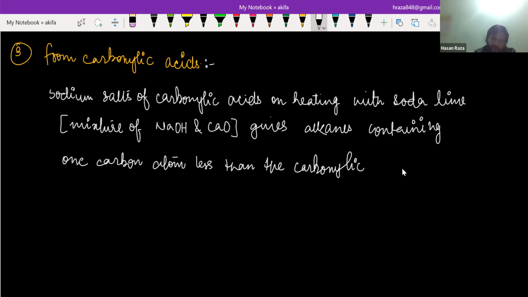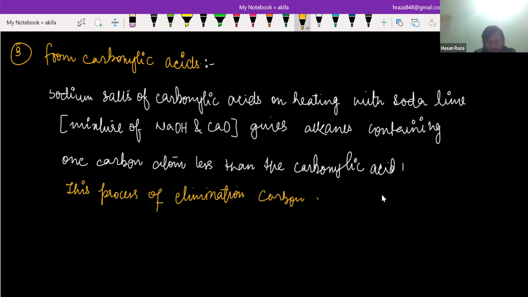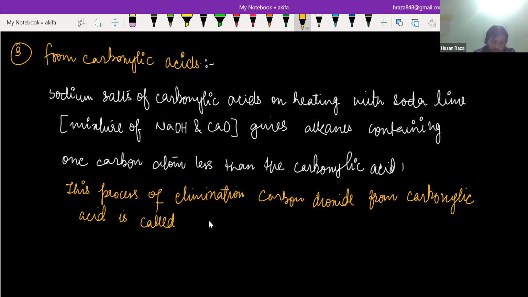And this reaction is known as, or this process of elimination of carbon dioxide, write with me, carbon dioxide from carboxylic acid, is called decarboxylation.